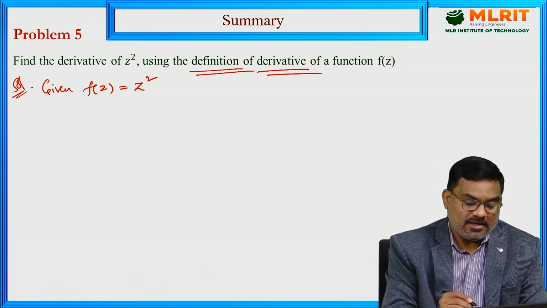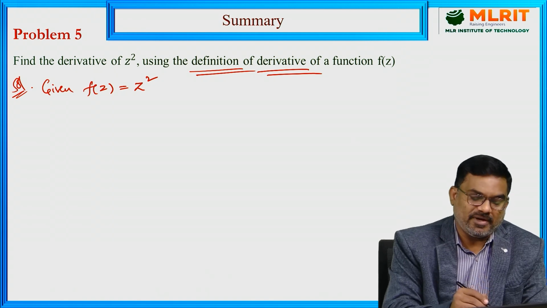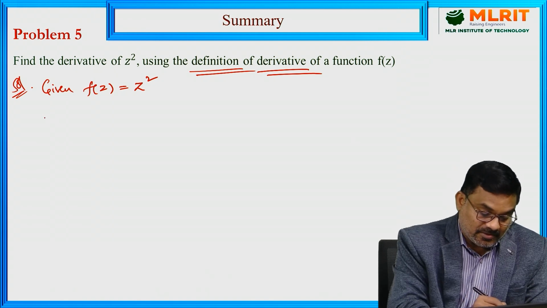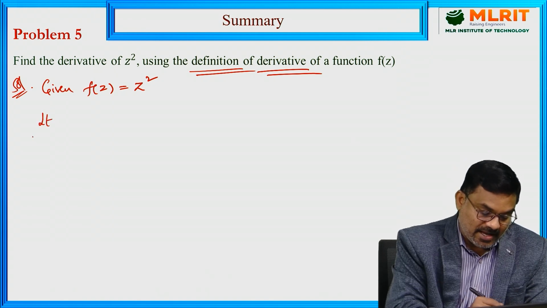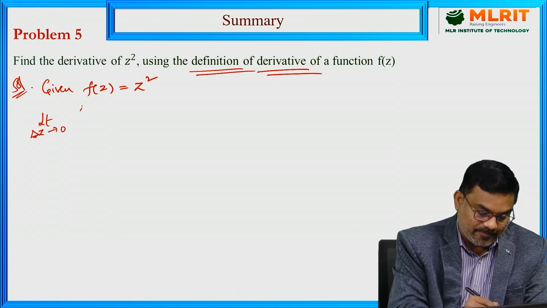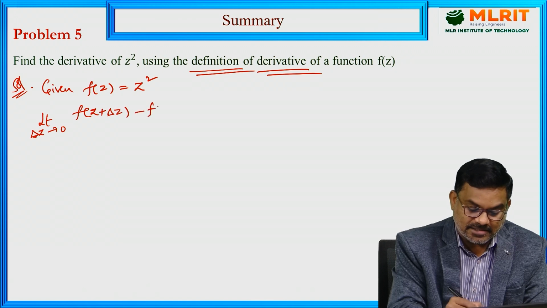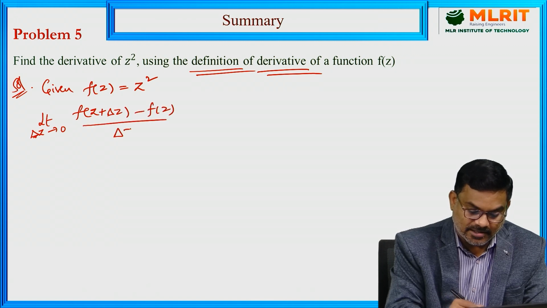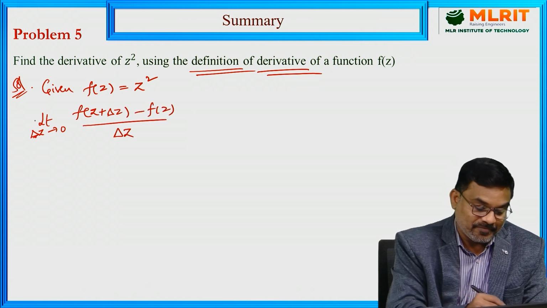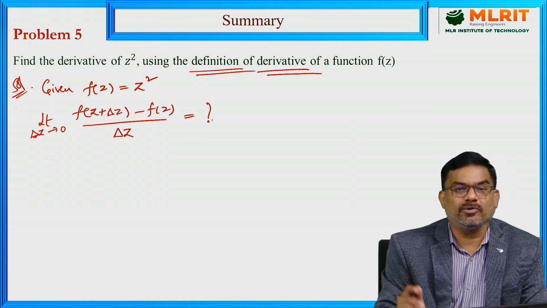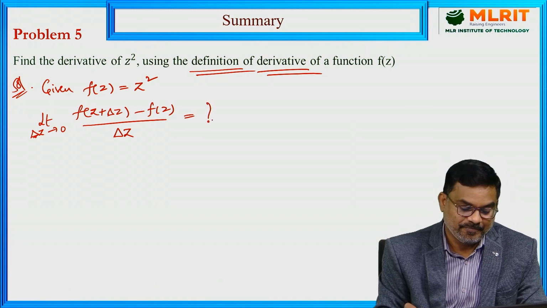Now what is the definition of derivative of f of z? The limit as delta z tends to 0 of f of z plus delta z minus f of z, divided by delta z, if this value exists. So we need to calculate this value first.